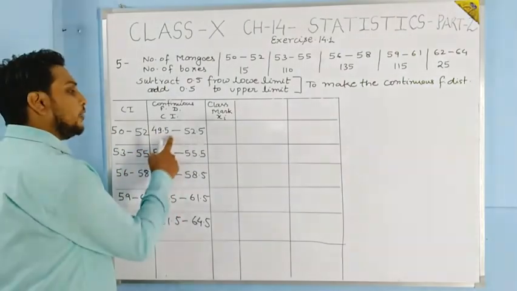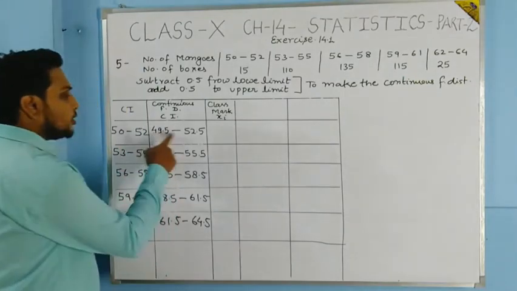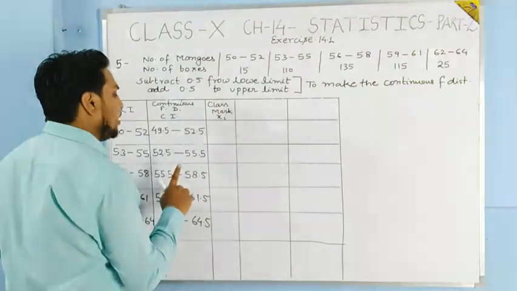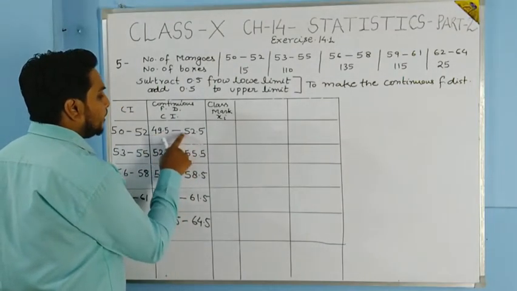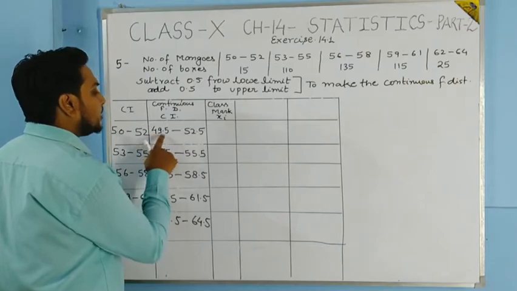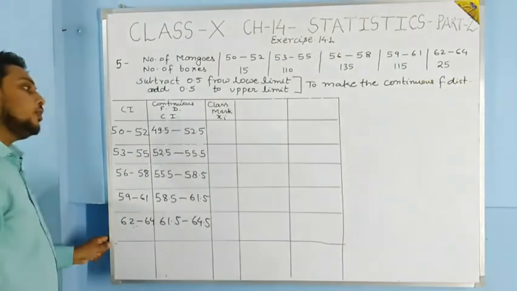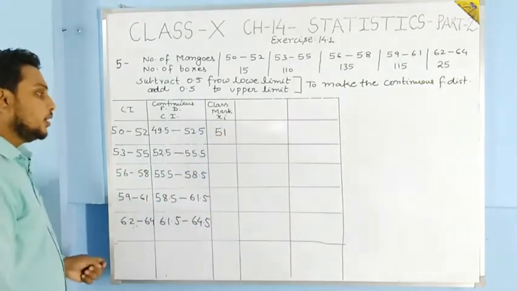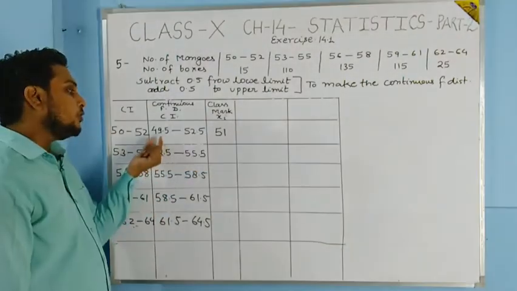So students, what will be the mid value of 49.5 and 52.5? If we add these two, 0.5 and 0.5 will be 1, 9 to 11 will be 10, it means 102, and it will be divided by 2, so it will be 51. Means the class mark xi, how will you find it?